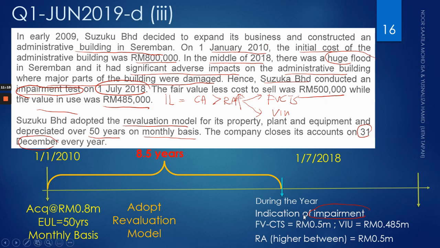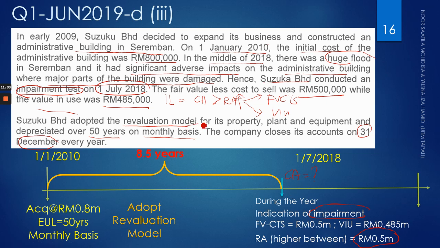So the impairment testing shows that this is the recoverable amount, and you need to find out what the carrying amount is on this date, because you want to see whether there is an impairment loss or not, and what is the accounting treatment.